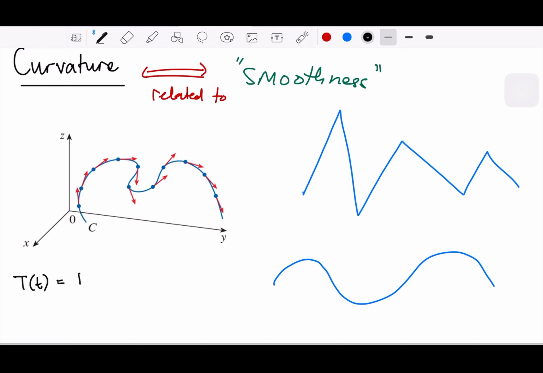This is just a review. Unit tangent: the derivative divided by its magnitude. First is this. Let me mark this as number 1.